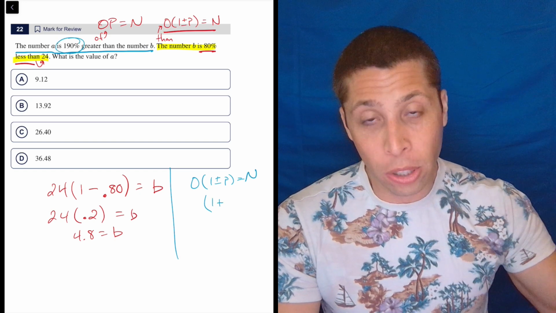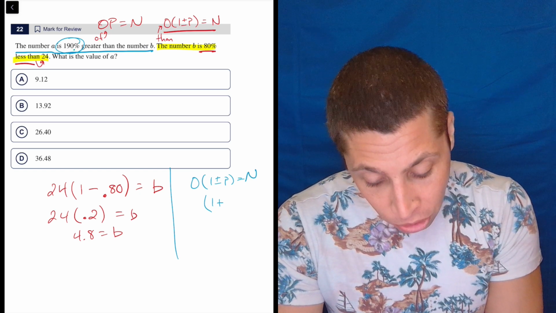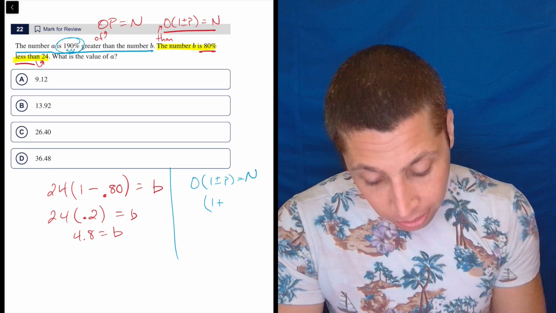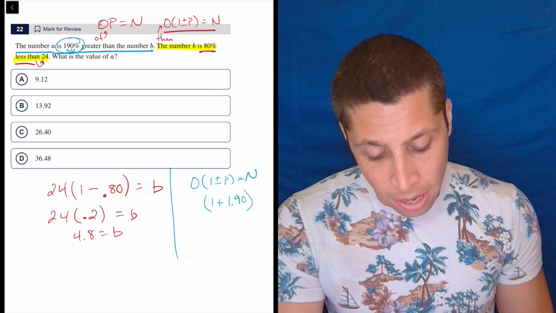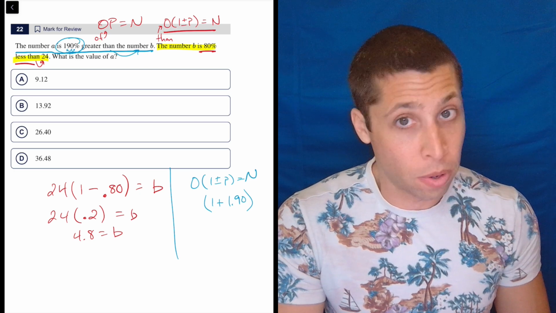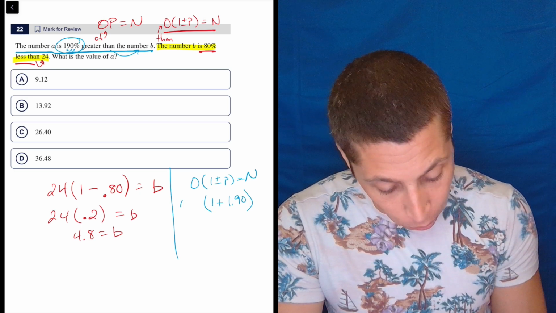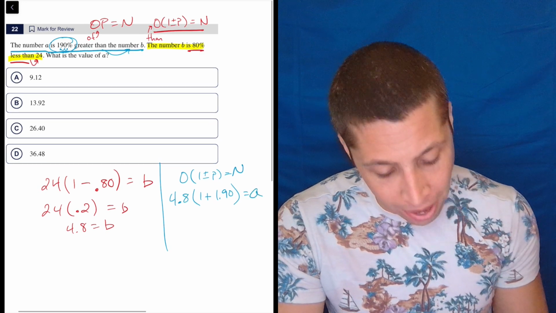You've got to convert that into a decimal. You do that by moving the decimal place, which is after the 0, 2 spaces to the left. So this is 1.9. And I'll put the 0 just for simplicity. Then the number B is going to be our original because that's where the than is pointing to. We know B is 4.8, so that goes here. And that means A is our new value that we want to solve for.